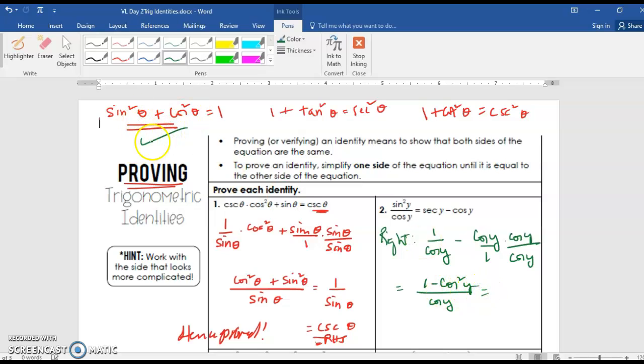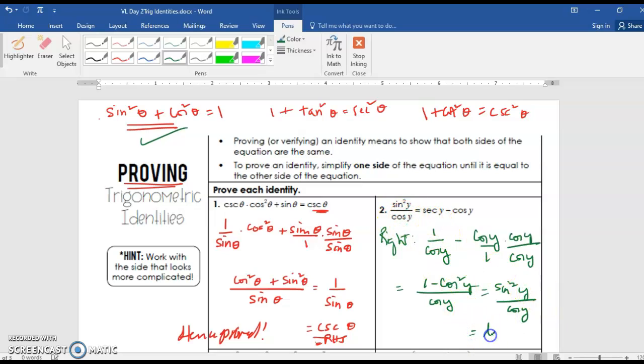Again, we are using the same trig identity here. If you subtract cos squared on both sides, you'll get sine squared theta, isn't it? So 1 minus cos squared y is sine squared y. And this is the same as the left-hand side, isn't it?